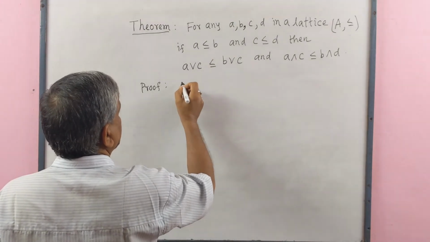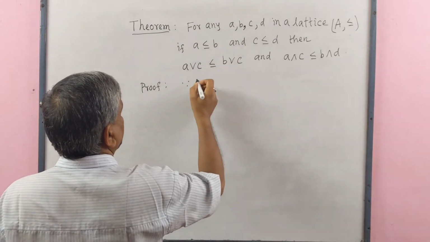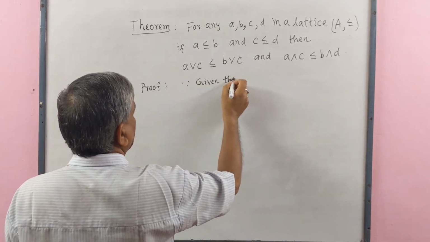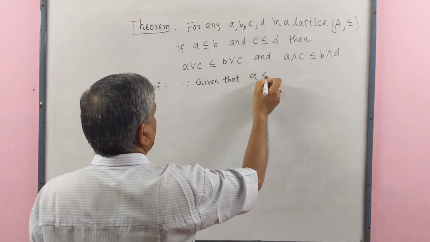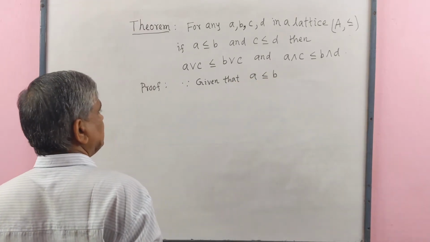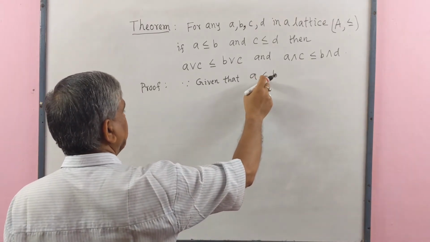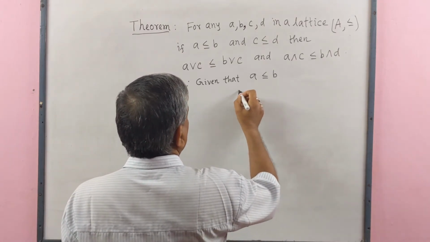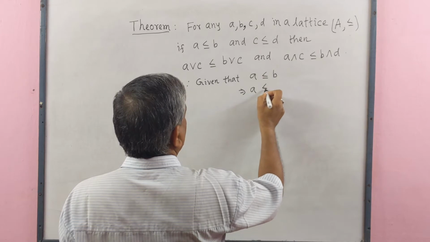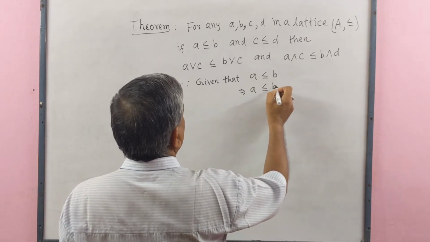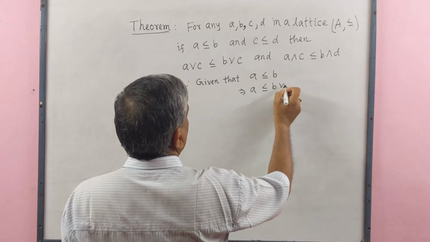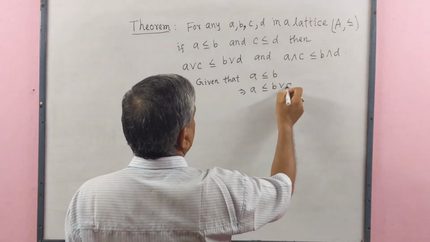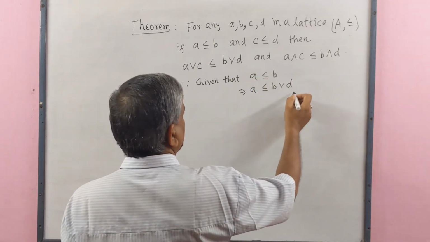Here, given that A less than equal to B, means A is related to B. This is a partial order relation. Implies that A is less than equal to B joins D. This is number 1.